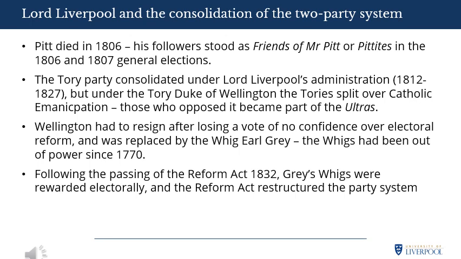So Lord Liverpool was quite effective at keeping various factions within the Tories together, and it was only after he died that the Tories split between the more conservative ultra Tories and the more liberal Canningites who refused to serve under the Duke of Wellington.